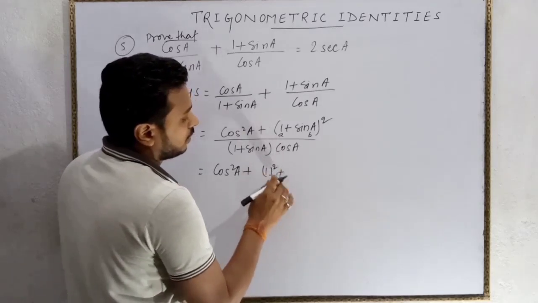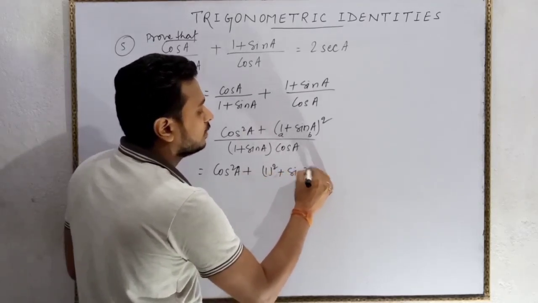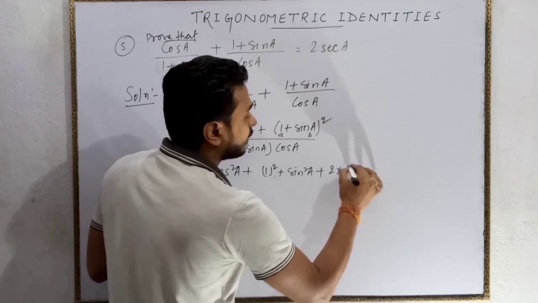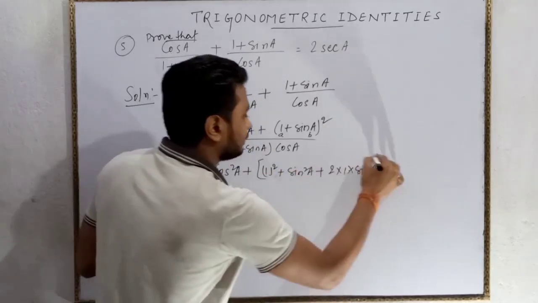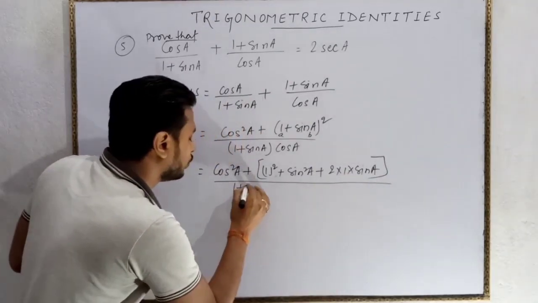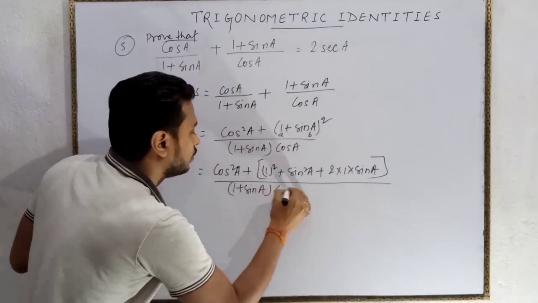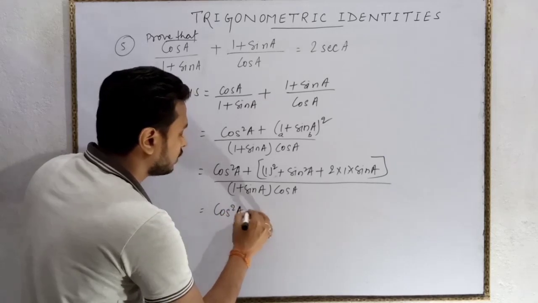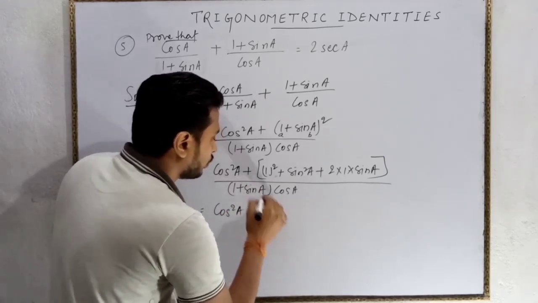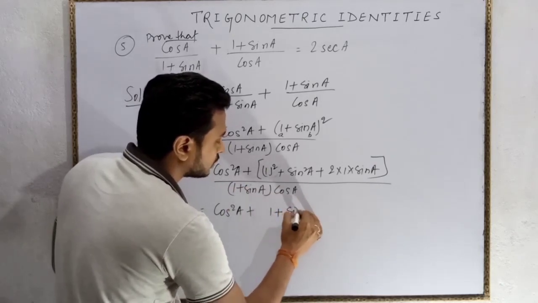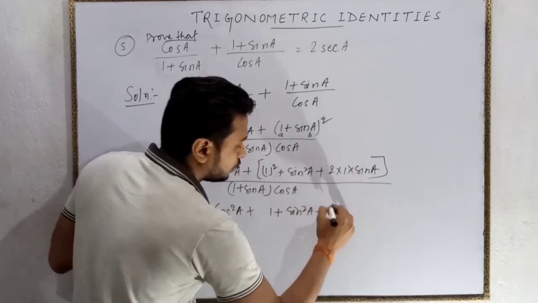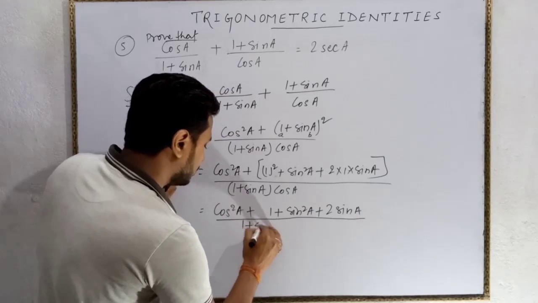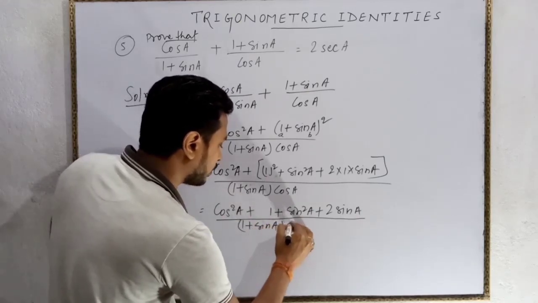So the square of 1 is 1, plus sin square A, plus 2 into a into b, that is, 2 into 1 into sin A. Okay, and the denominator is 1 plus sin A into cos A. If we solve this, we will get 1 plus sin square A plus 2 into 1 into sin A, that is, 2 sin A, by 1 plus sin A into cos A.